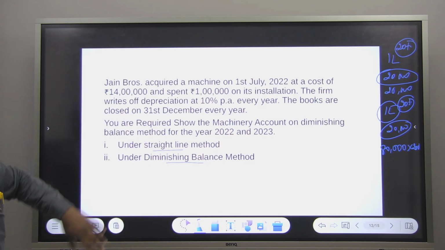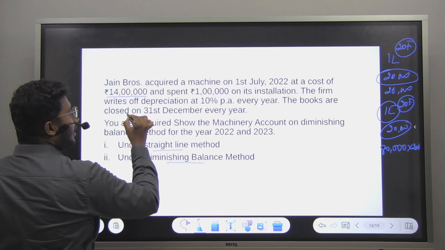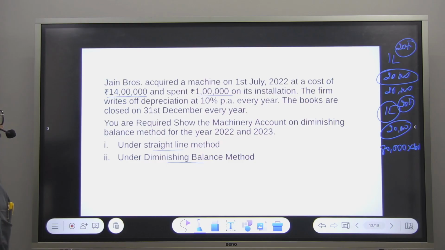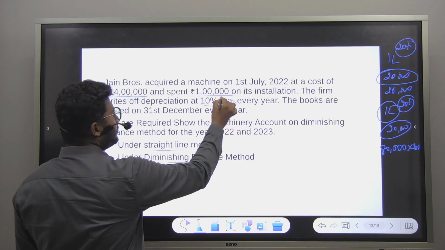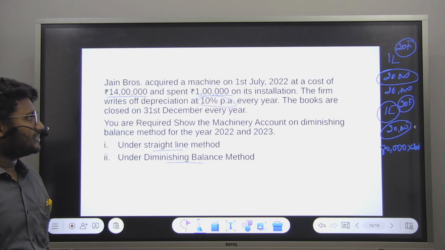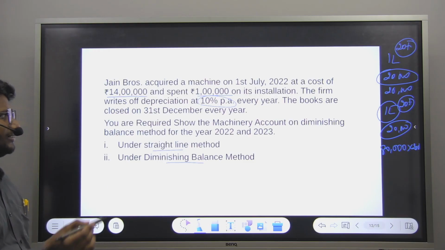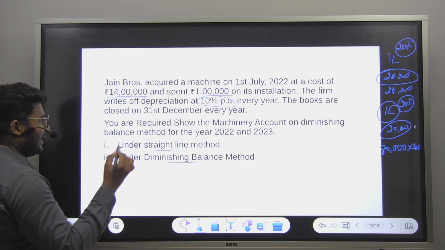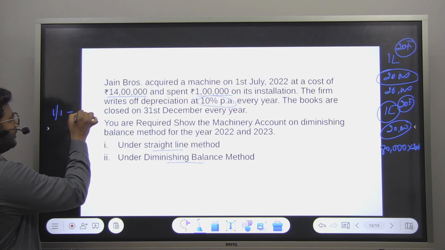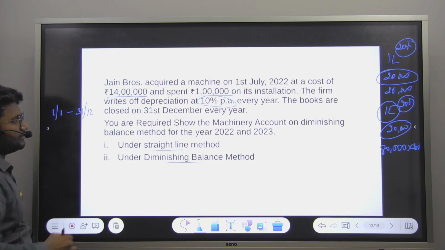Jane Bros acquired a machine on 1st July 2022 at a cost of 14 lakh rupees and spent rupees 1 lakh on its installation. The firm writes off depreciation at 10 percentage per annum every year. The books are closed on 31st December every year. So the financial year is from 1st January to 31st December.